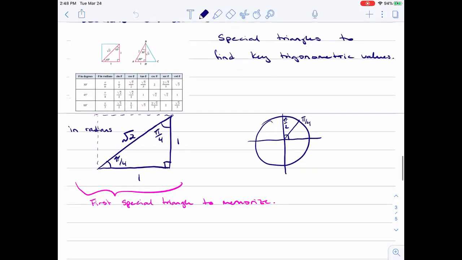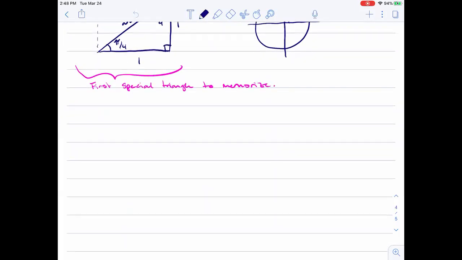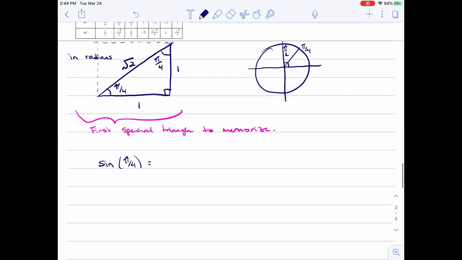Okay, so if I want the sine of pi over 4, the sine of pi over 4 from the table we know is root 2 over 2. That took me way too long, sorry guys. So the sine of pi over 4, in terms of the triangle, sine is opposite over hypotenuse.